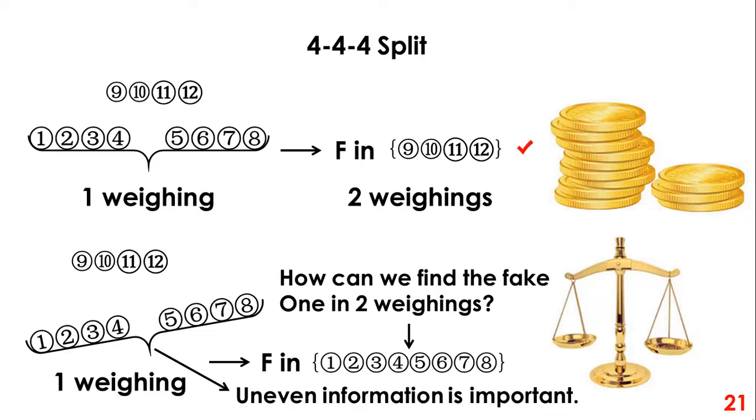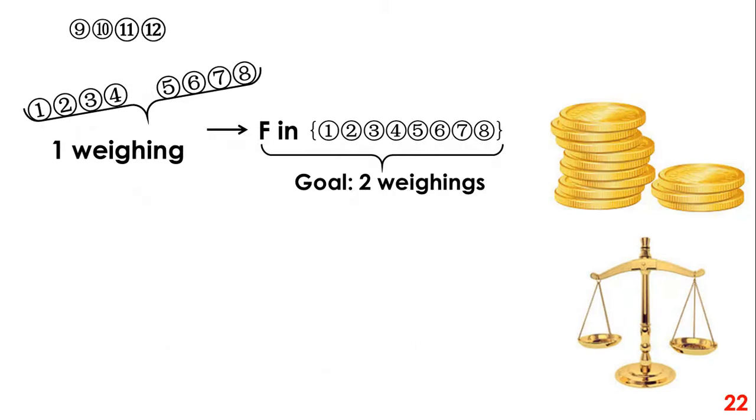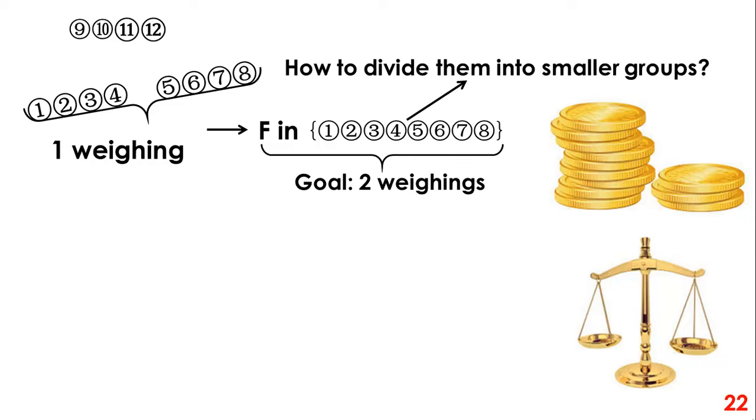That's why it can help us use another 2 weighings to find the fake one. So let's look at how. How to divide those 8 coins into smaller groups?